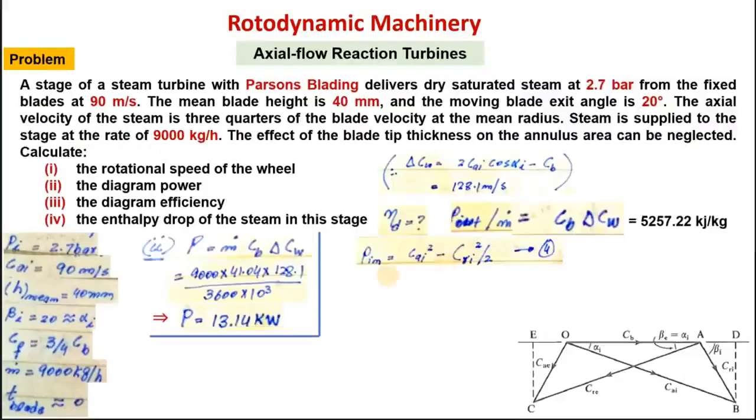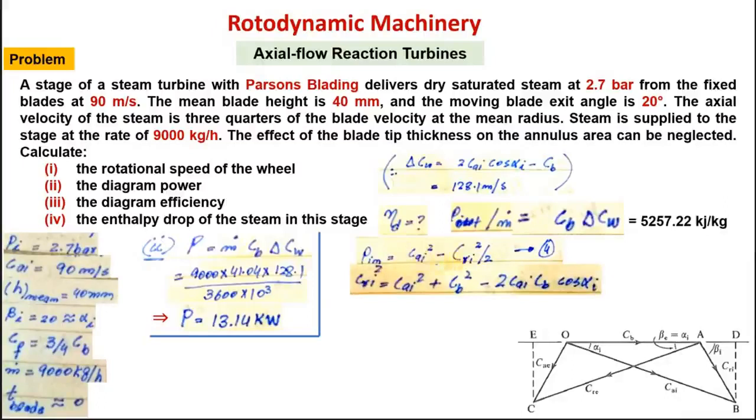So this is the energy input. Okay, let's go back. So now we know the power input is given by this. Here it is not multiplied with m dot. So it means here it is the power input per unit mass flow rate, because m dot is the same. Right? Okay. So just put values.